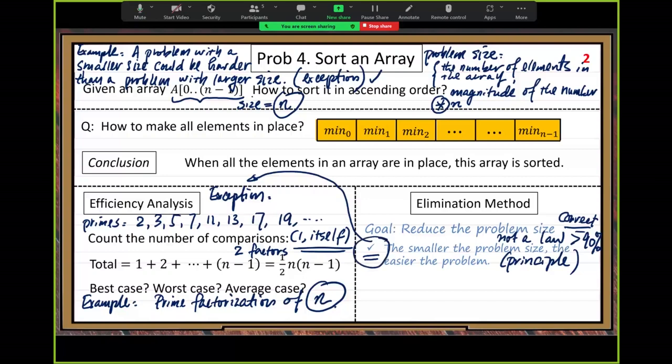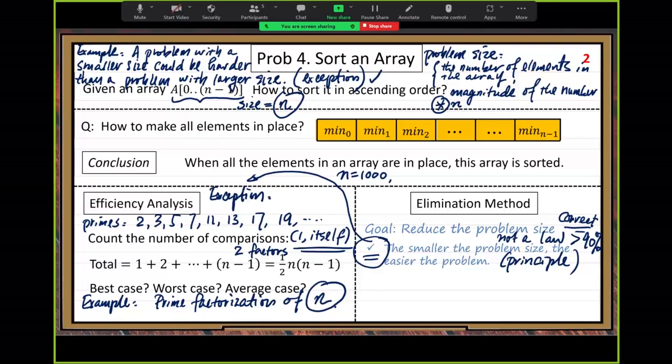The principle we are talking about here is not true. Why not true? Sometimes a problem with smaller size could be harder than a problem with larger size. Let me give you simple examples. Look at the prime factorization of 1000.